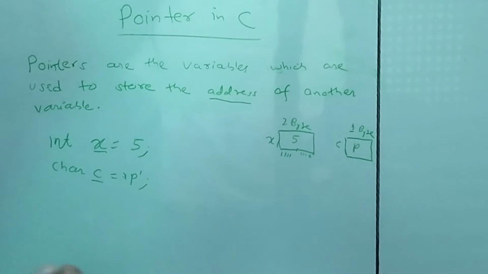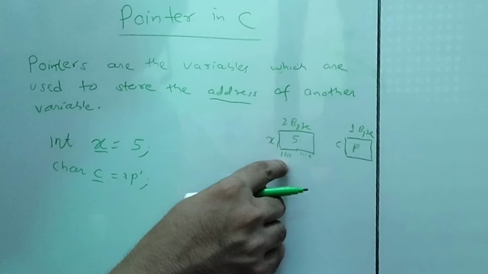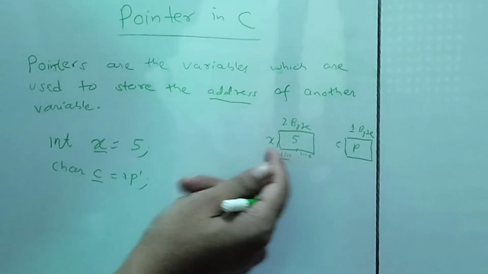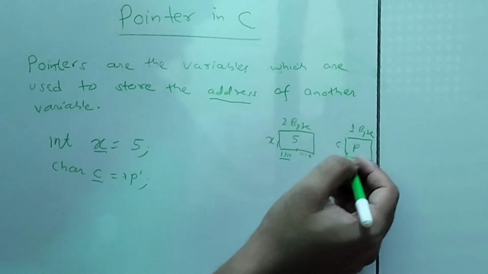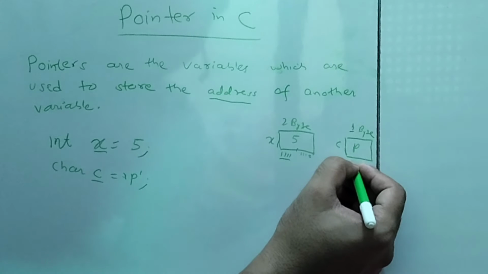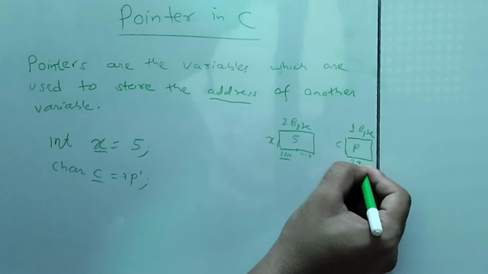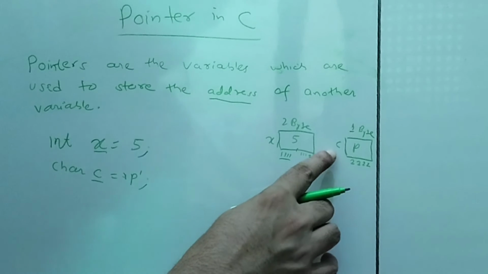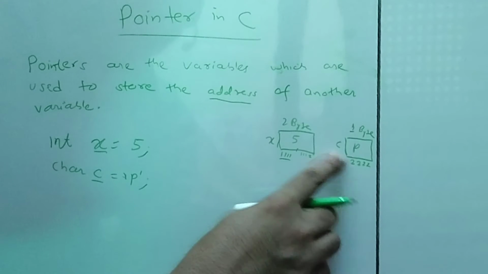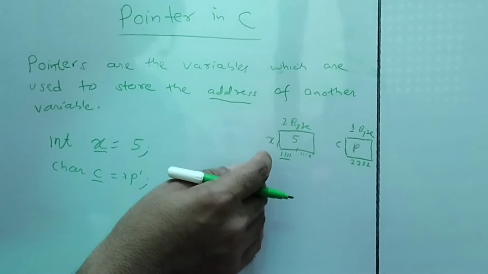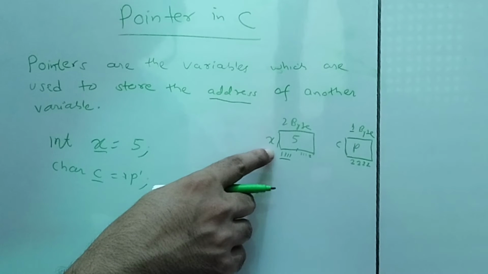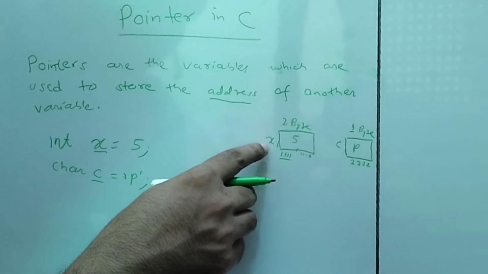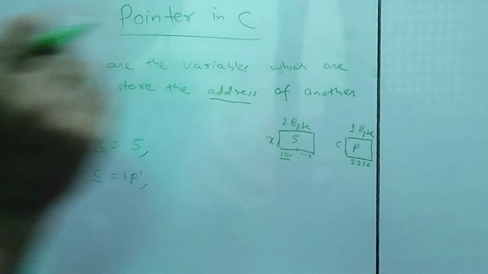So this is the address of x, the first one. Now here this is only 1 byte, and let's say the address of this memory location is 2222. So what is the address of the memory location for this variable c? 2222. What is the address of the memory location which is assigned to x? That is 1111.